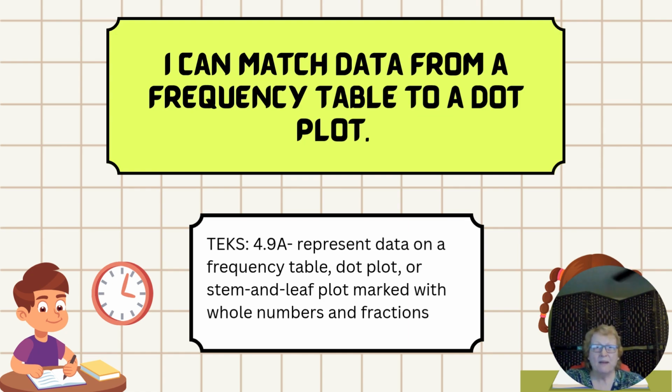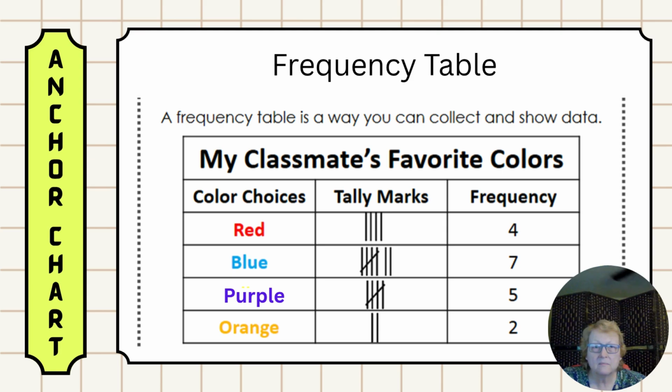Our next topic to review involves frequency tables and dot plots. This relates to TEKS 4.9a, which states that students represent data on a frequency table, dot plot, or stem and leaf plot marked with whole numbers and fractions. This is an anchor chart to represent a frequency table. This should look familiar because you've been introduced to frequency tables in your previous math experience.